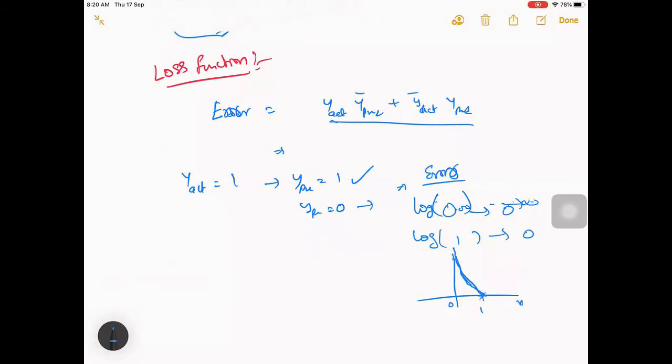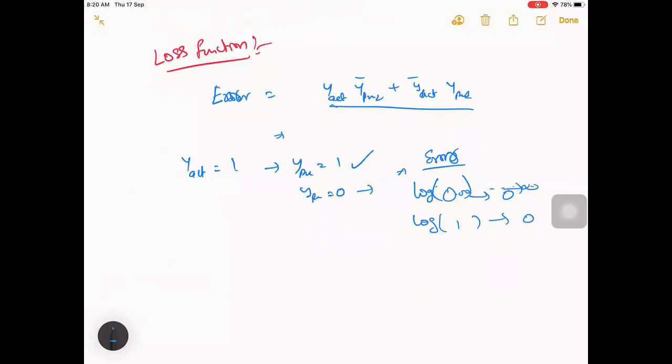Taking that into consideration, there is a small difference. Error, you'll be taking it as log of y prediction into y actual. Let's compute what is happening here. If y actual is 1 and your prediction is 1, then log 1 is 0, so error is 0, right?